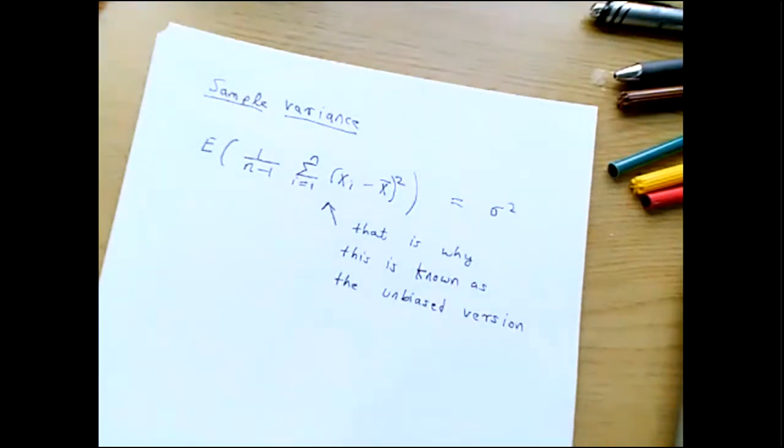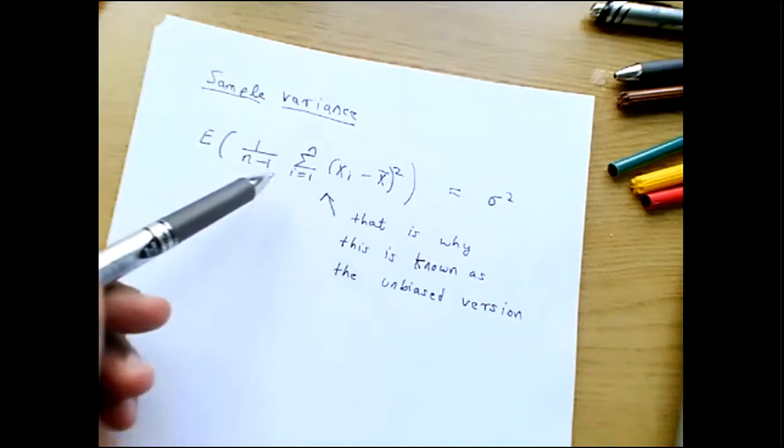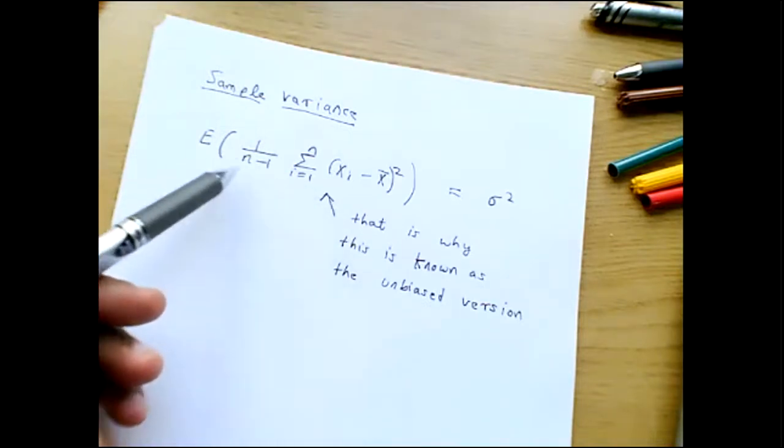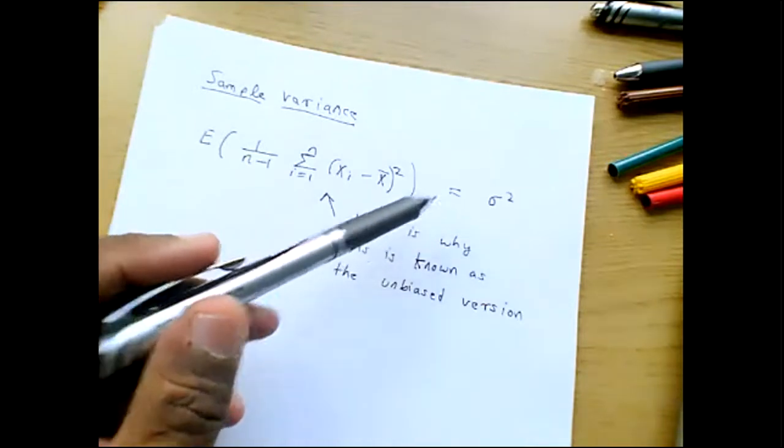That's why it's known as the unbiased version, because the expected value of the sample variance with the n-1 in the bottom is equal to the population variance sigma squared.